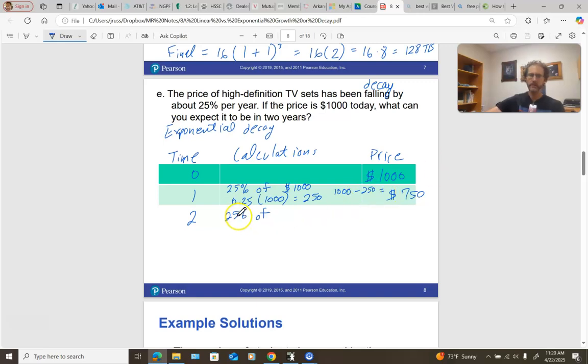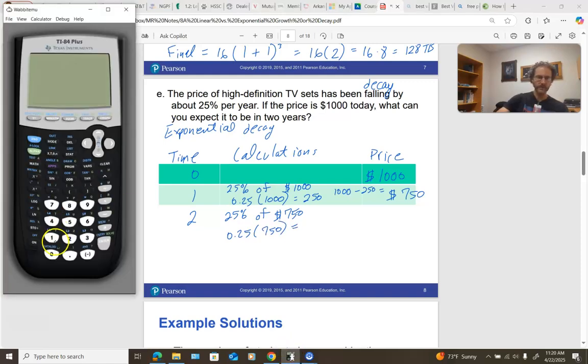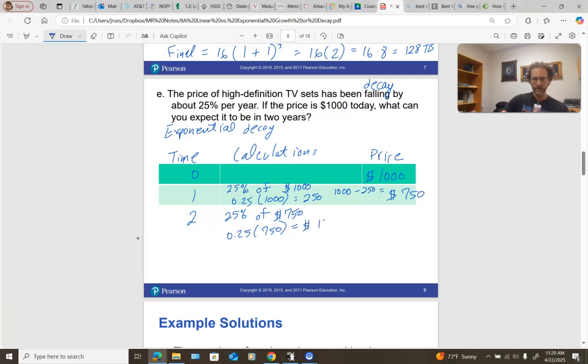Anyway, as I was saying here, over the second year, we need to figure out what 25% of the new price is, which is $750. So of course we're going to do this the same way. Convert 25% to decimal, multiply by 750, and I'm going to use the calculator for this. In other words, that's a quarter of $750. It is $187.50. So that's how much the price is going to fall over this second year.